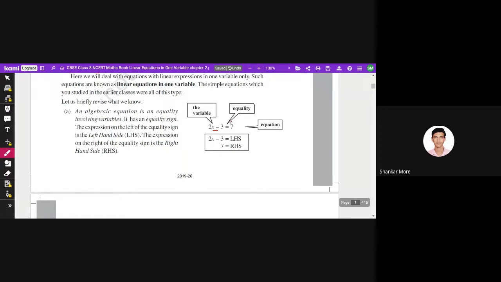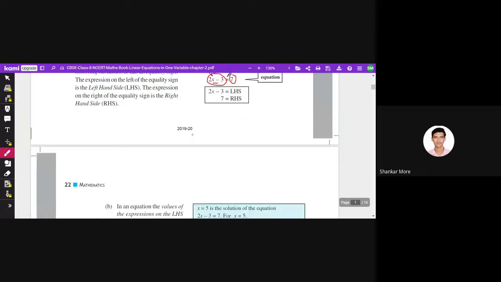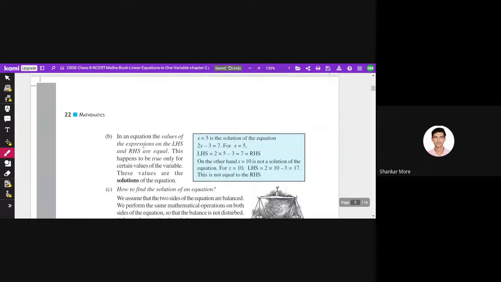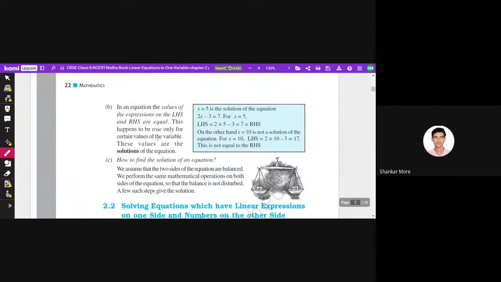And this is RHS or right hand side, and this is LHS or left hand side. Now in an equation the values of the expressions on the LHS and RHS are equal. Now this is very very important. So can I write the equation like this?